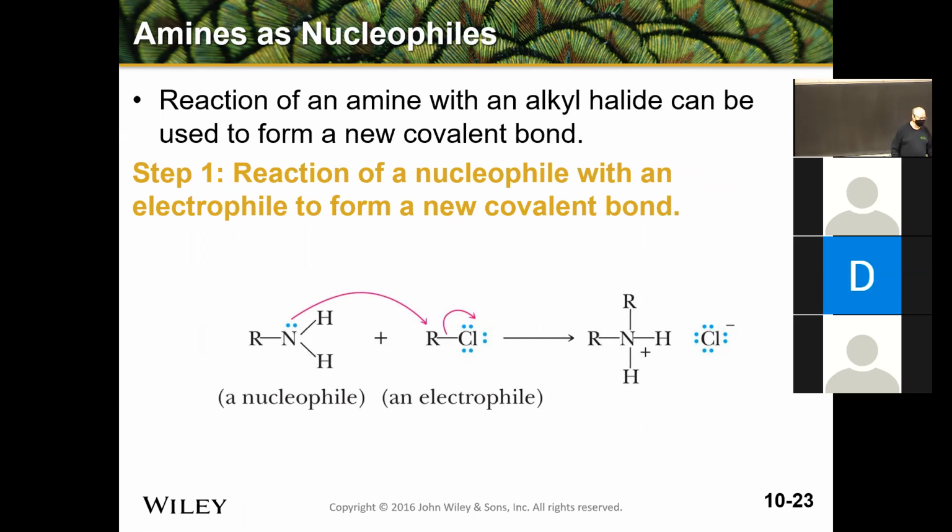Right, besides bases, amines act as nucleophiles. That is, they can use that lone pair to attack a carbon atom. So this is an SN2 reaction. Nitrogen attacks a carbon, kicks out a chloride. We get a hydrochloride salt. There's one more carbon group attached to the nitrogen now.